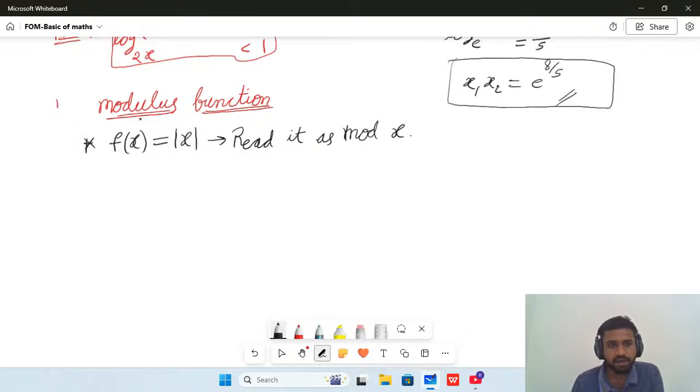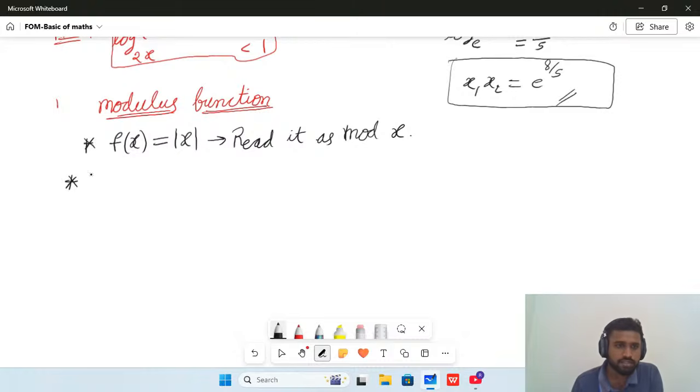So what inputs can it take? Any real value we can give as input for this modulus function, and it will convert it into a positive number.